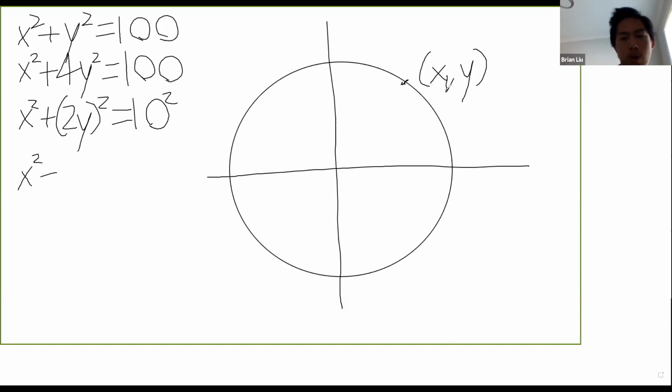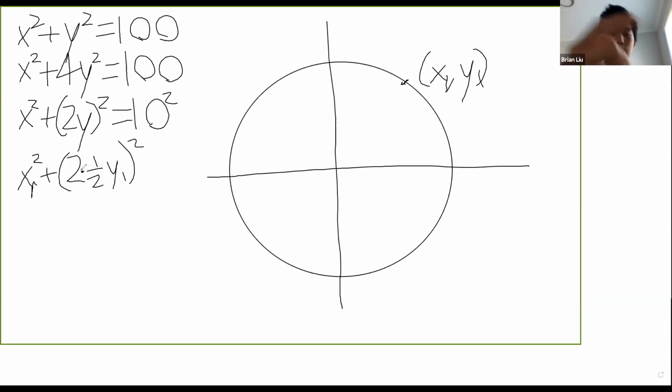So if x1, y1 satisfies the old equation, x squared plus y squared equals 100, then x1 squared plus 2 times 1/2 of y1 squared. If we do this, then the 2 times 1/2 would cancel, and x1 squared plus y1 squared would equal 10 squared. So now that would mean we have to plug in x1, y1 divided by 2.